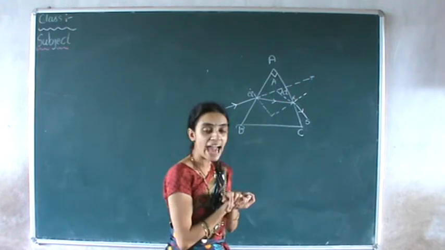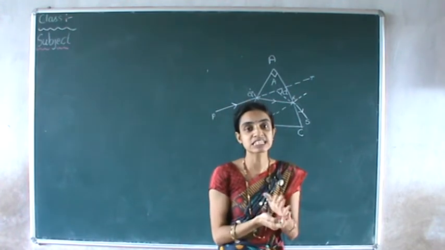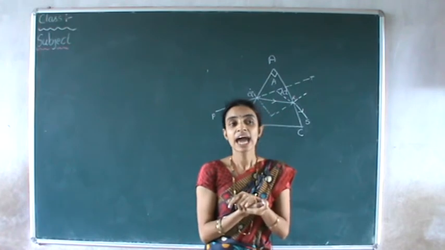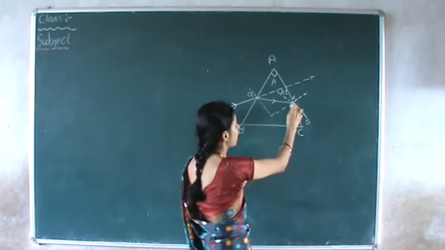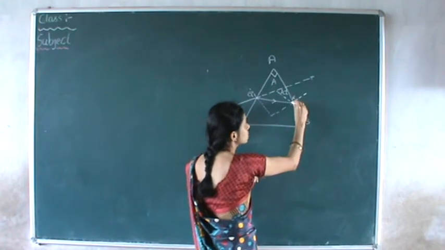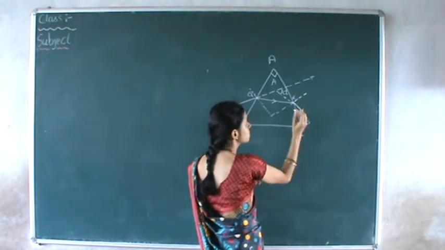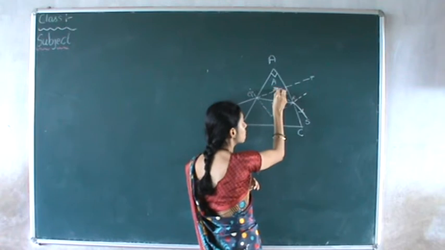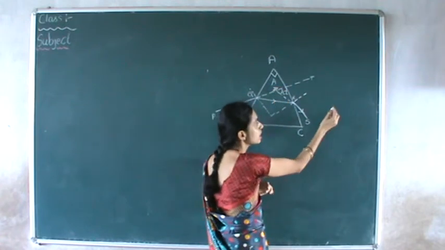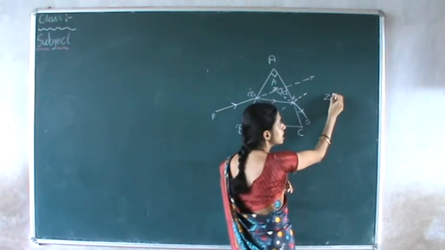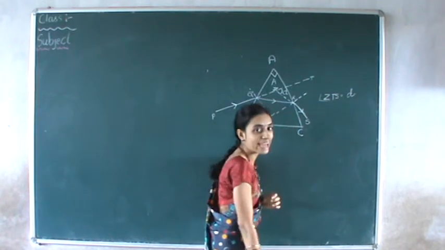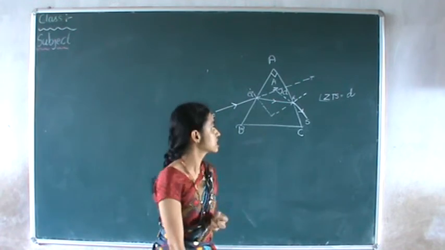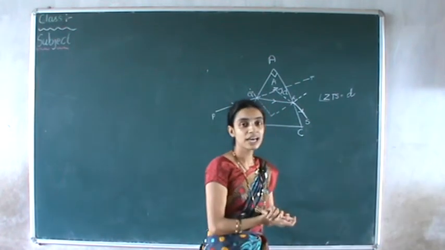Now we can define the deviation. It's the angle between the incident ray and the emergent ray when it has been drawn in the backward direction. So this will be a straight line path. Here, if I mark this point as Z, then ZT, S is the deviation angle.